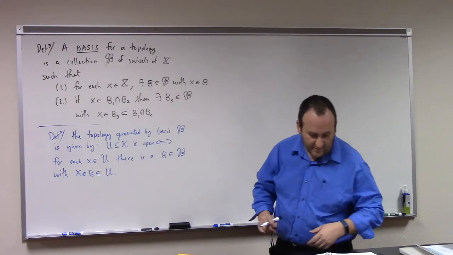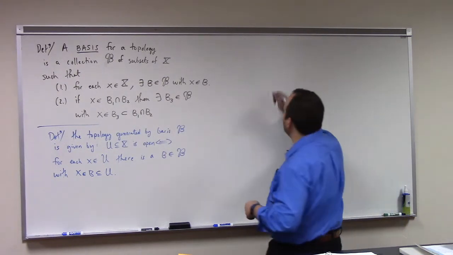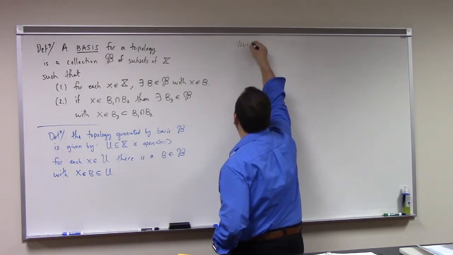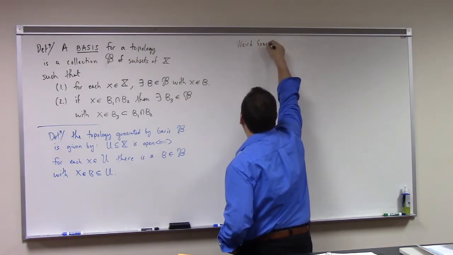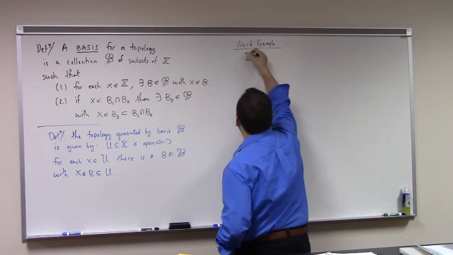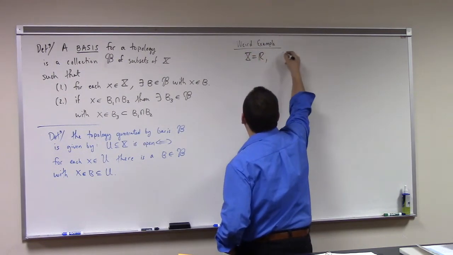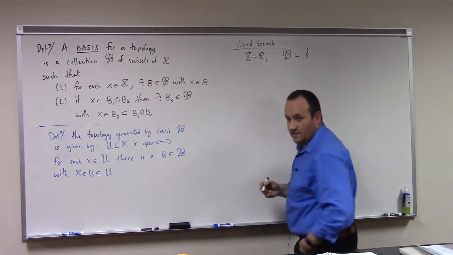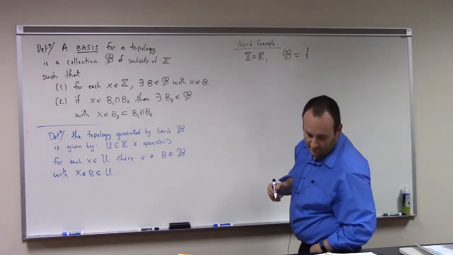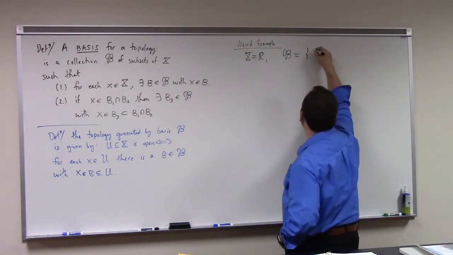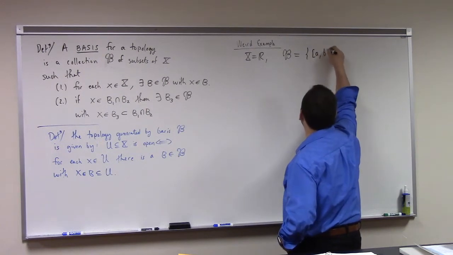Actually, before I even get to subbasis, here's one of the weird examples I promised. We could take X to be the reals and the basis to be the set of sets of the form [a, b), a included, b excluded.